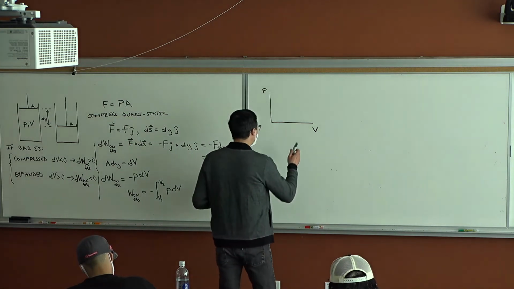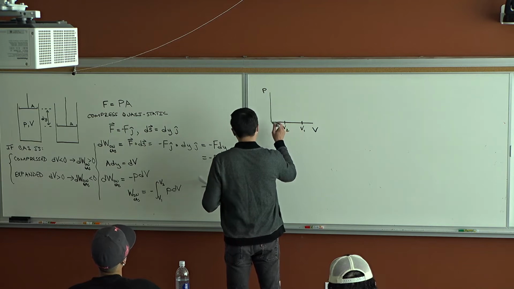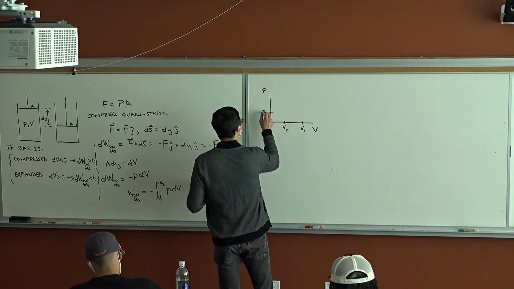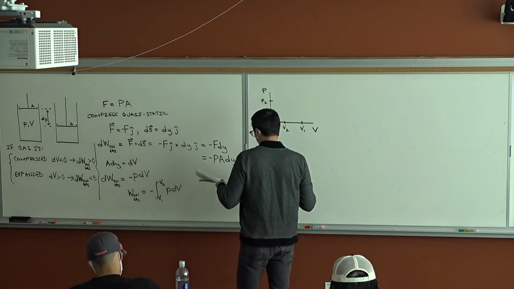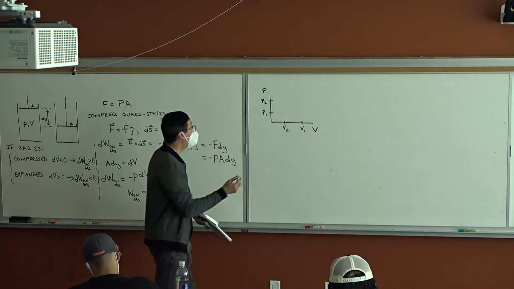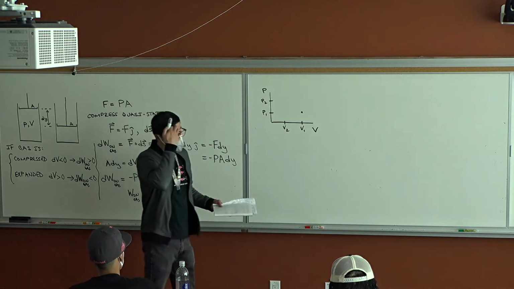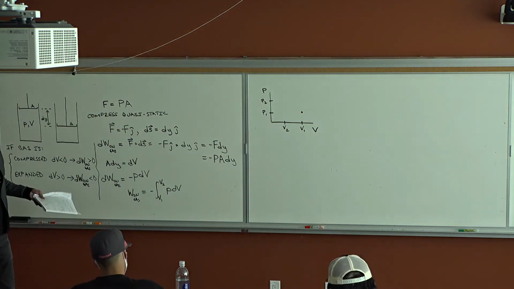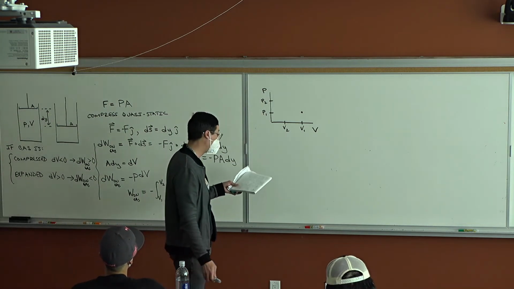If we have V1, V2, and P1 and P2, so let's say that we begin at V1, P1, and we want to wind up at V2, P2. I can imagine a few different paths that would carry me there.